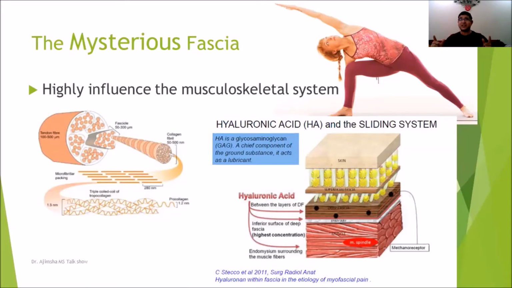Just imagine the fascia sliding over one another when you are stretching the body to one side, and at the end range, the additional gain of length is thanks to the sliding system of fascia, which is influenced by the natural lubricant called hyaluronic acid, or hyaluron, and the water it holds.